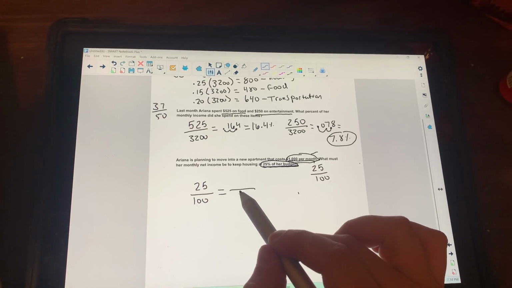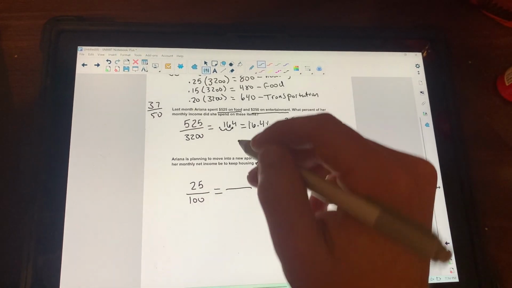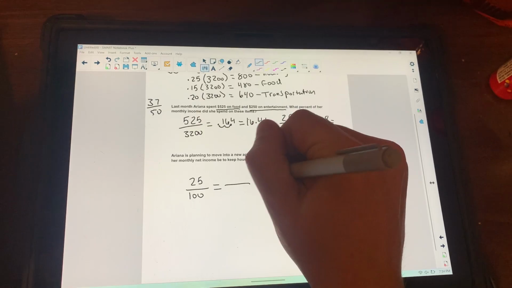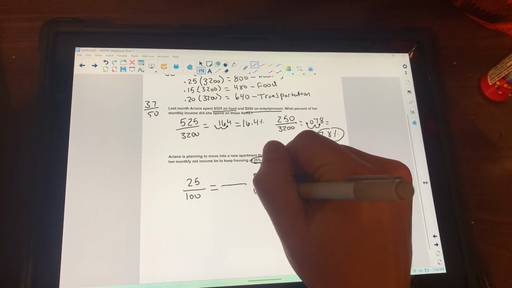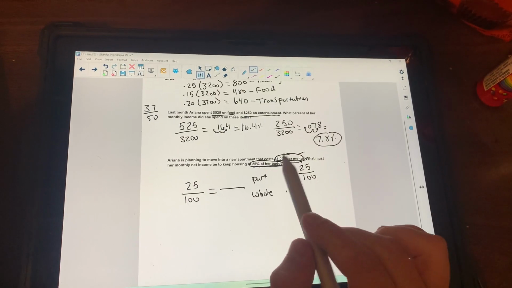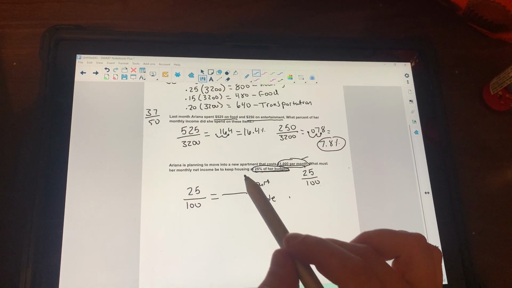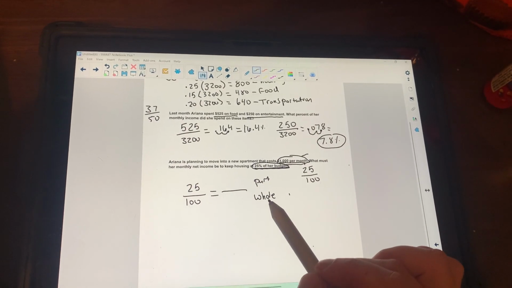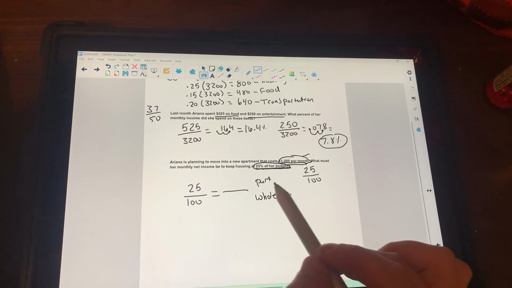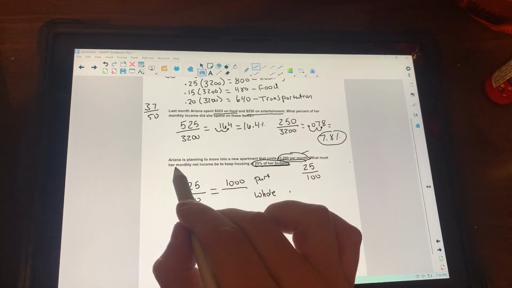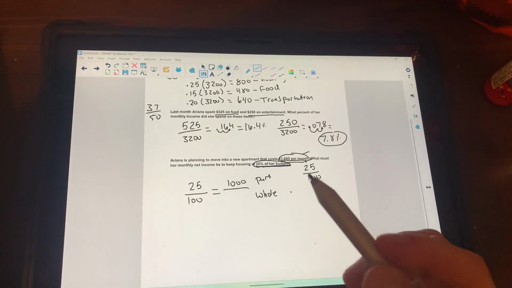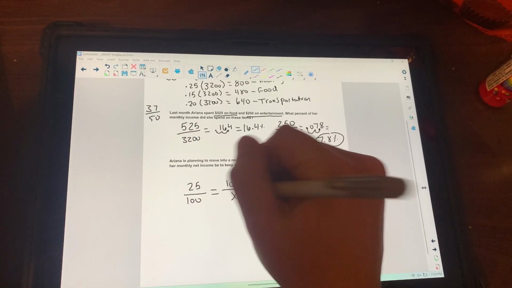It's either going to be on the top or the bottom. The top is the part and the bottom is the whole. So is the $1,000 a month part of her budget, or is it her whole budget? It's part of her budget. So the $1,000 goes on the top because we want to figure out what her whole budget needs to be. So I'm putting X.